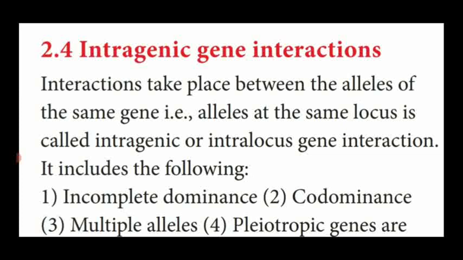That is, alleles at the same locus is called intragenic or intralocus gene interaction. It's an important 2-mark question. What is intragenic interaction? The interaction taking place between the alleles of the same gene is called intragenic.